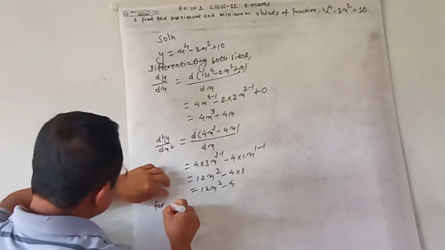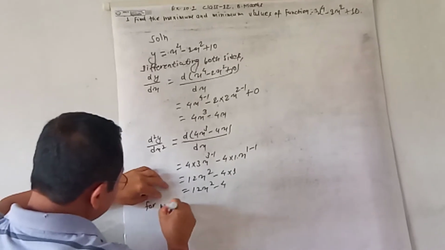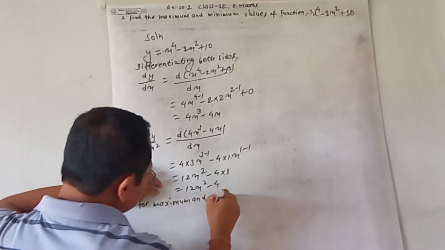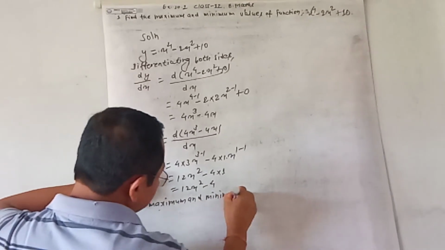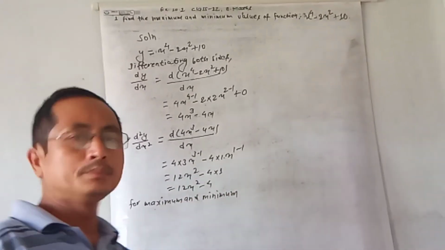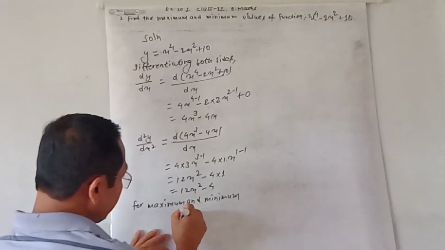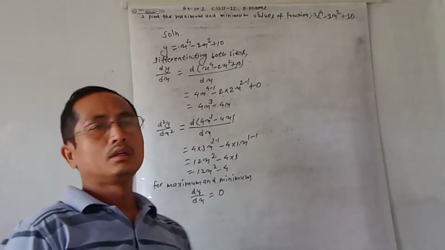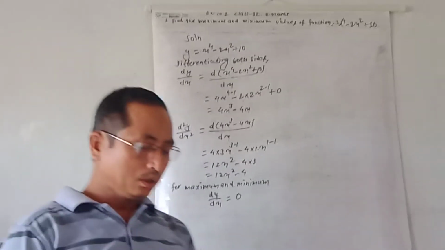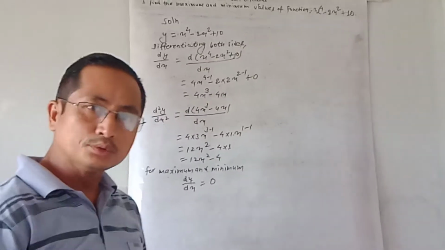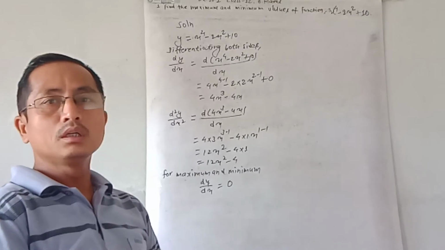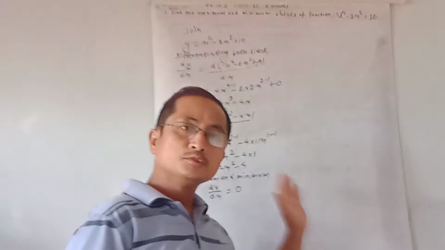For maximum and minimum, the first derivative dy by dx is equal to 0. I mean, we have to take the first derivative and equate it to 0.